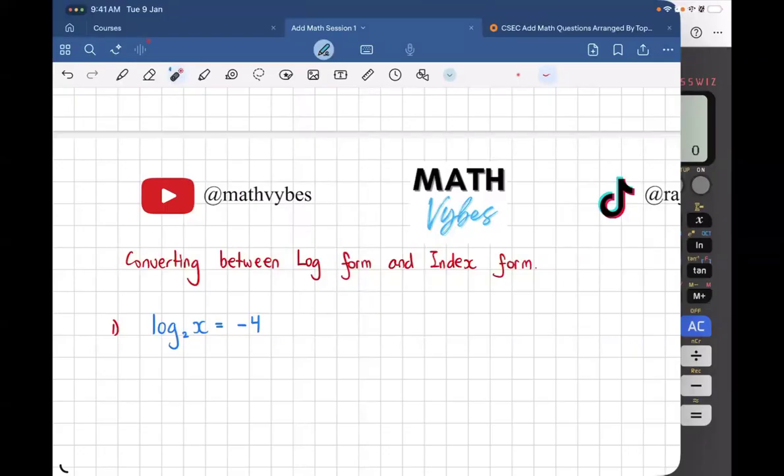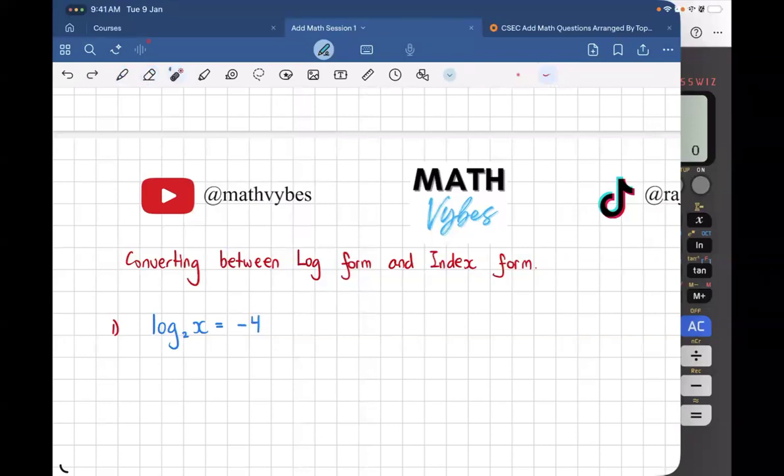This is not the same thing. Are you seeing a negative number inside here? No, the log function gives you a power. And powers could be negative, like -4, -2. So there's nothing wrong with this. So -4 is the power.